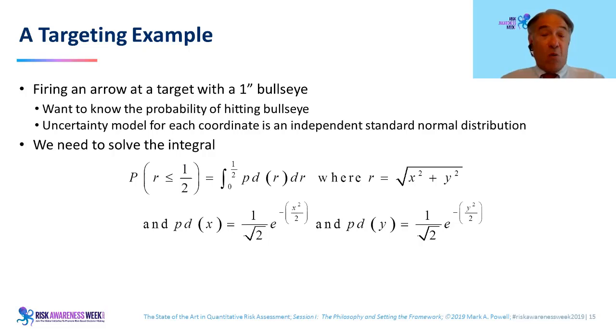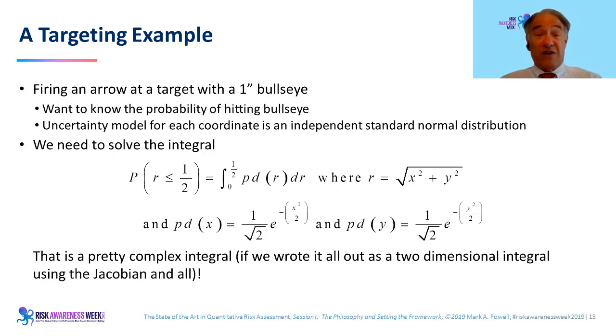Now, we can analytically express this integral as a two-dimensional integral over x and y. We can do that. That's second-year calculus. And plug in these uncertainty models for x and y into that, and potentially solve it.